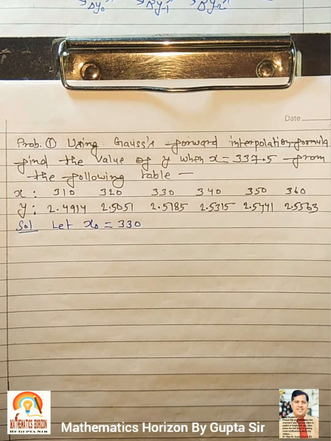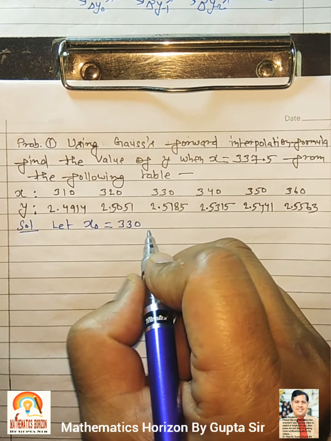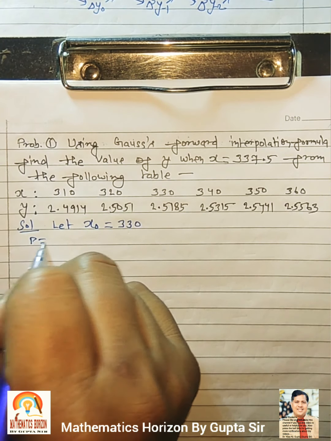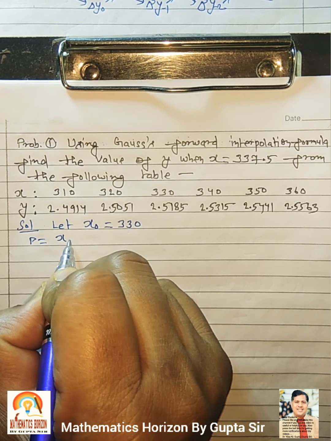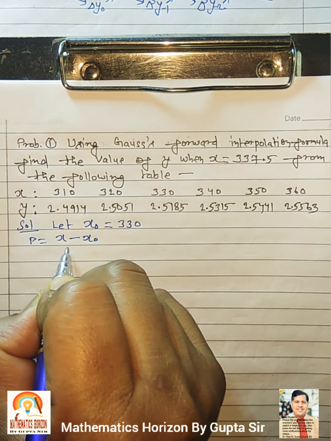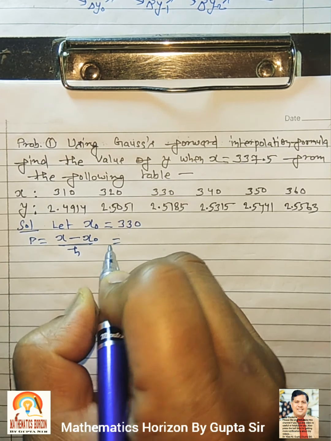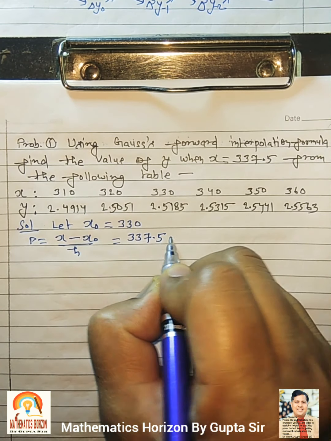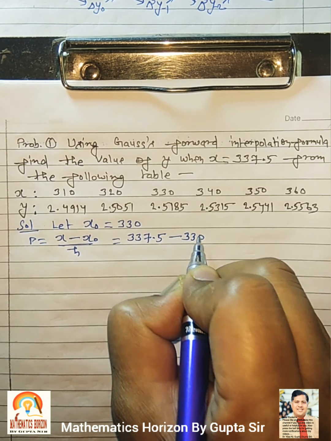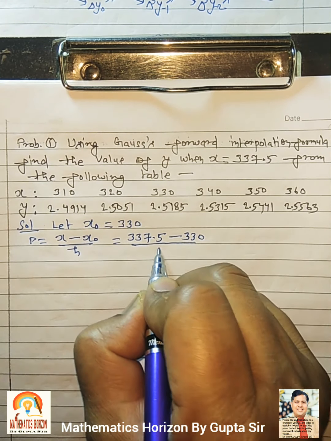Here 337.5 is near the center of the table. That's why we should apply here the central differences formula, in which we have Gauss forward, Gauss backward, and Stirling formula. And what will be p? Calculation value, that is x minus initial value upon class interval, that is 337.5 minus initial value 330, upon h means 10.